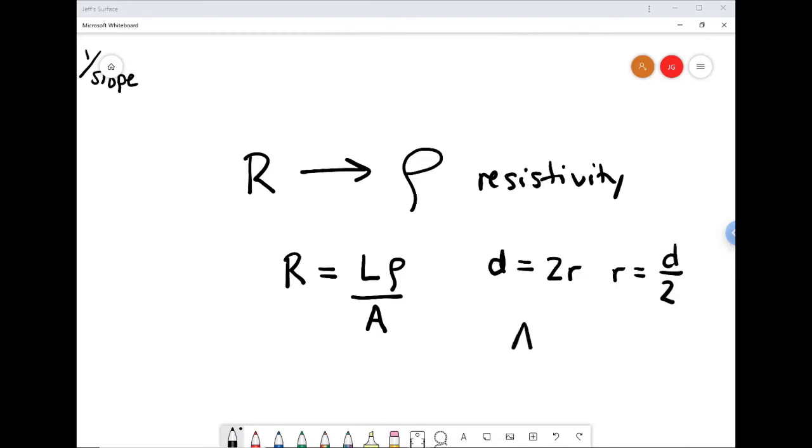And once you have the radius, you can figure out the cross-sectional area of the wire, that's A, and it's a circle, so the cross-sectional area would be pi r squared.